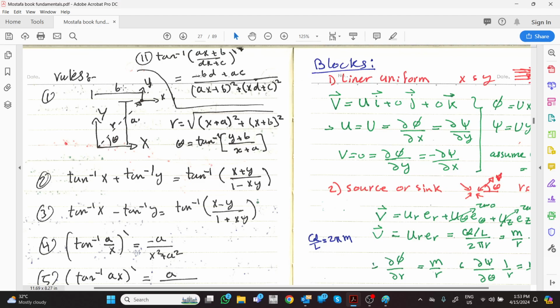And in the other case as well, y here is equal to y here plus a.